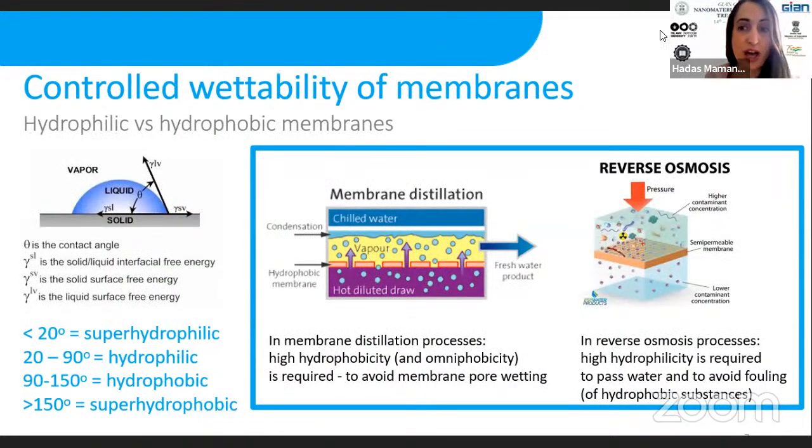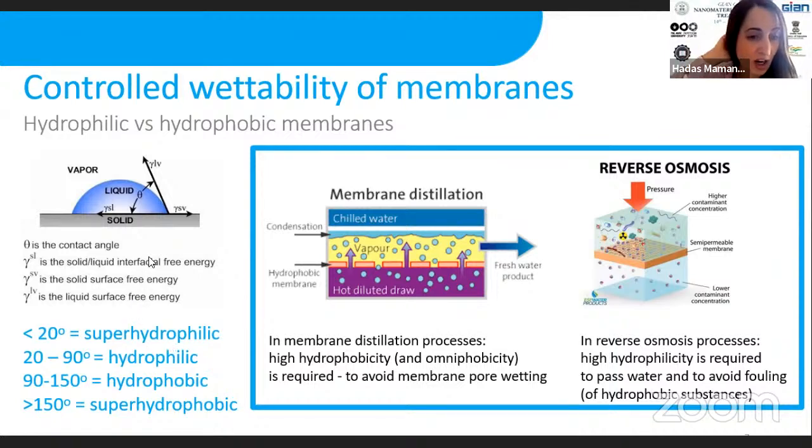Another important feature of passive membranes is the controlled wettability of the membranes. So there's hydrophilic versus hydrophobic membranes, and for example, if we have 20 degrees, it means that the surface is super hydrophilic.